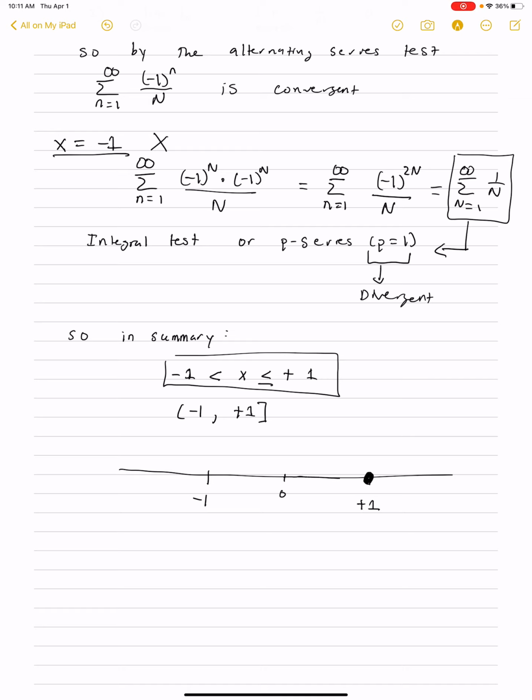And it converges all the way up to here. It diverges when x equals minus 1, so we usually put an open circle. I'm also putting the corresponding brackets. Then, when x is bigger than 1 in absolute value, that's a no-go. Like, that'd be here. Don't go in the red zone.